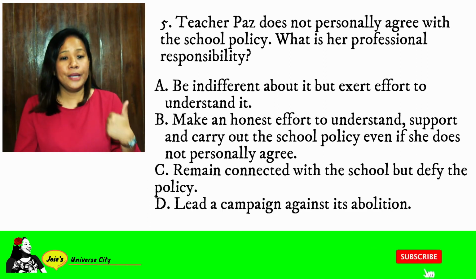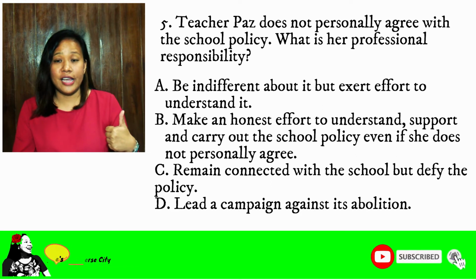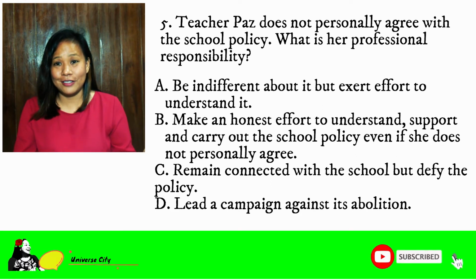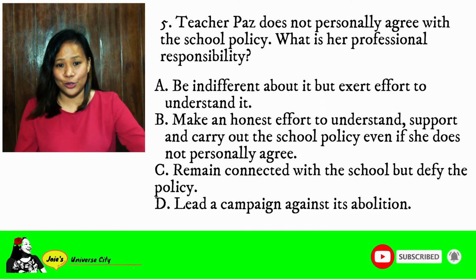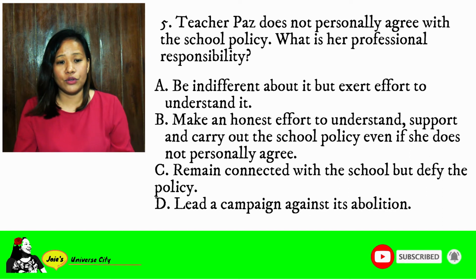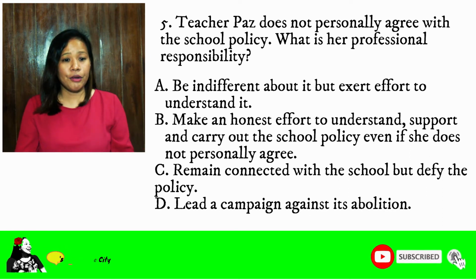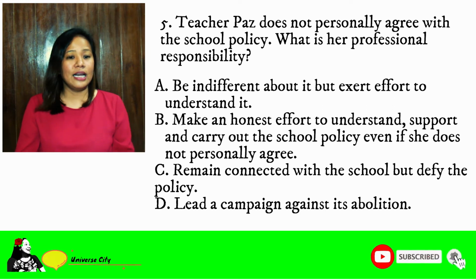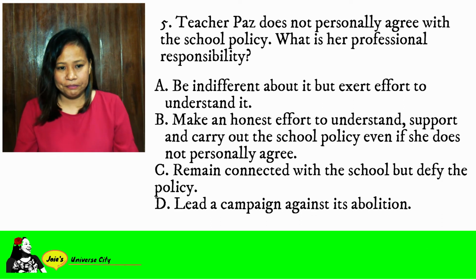A. Be indifferent about it but exert effort to understand it. Or should we be indifferent about it and then later on decide to understand it? B. Make an honest effort to understand, support, and carry out the school policies even if she does not personally agree. Okay, C. Remain connected with the school but defy the policy. And D. Lead a campaign against its abolition.